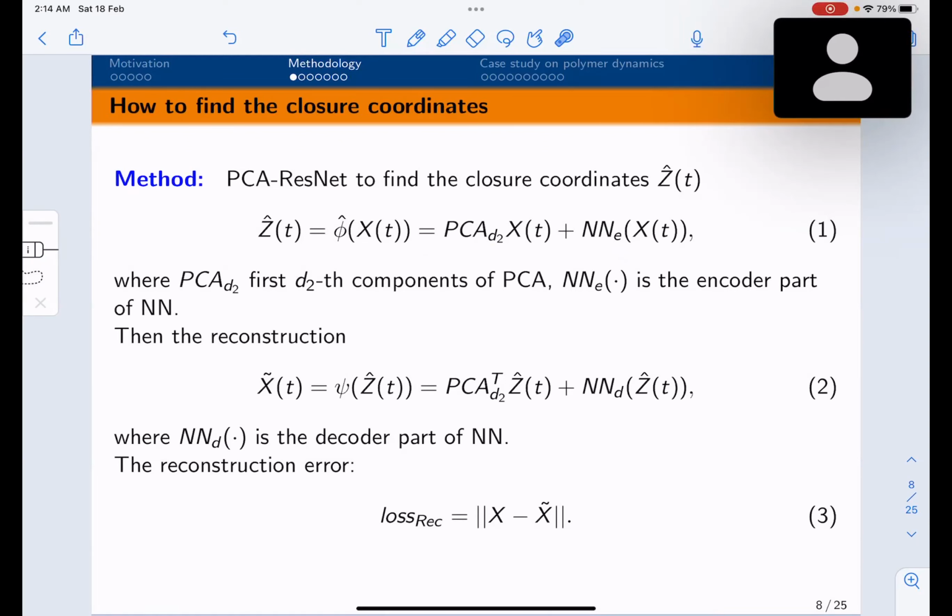So the Z hat dimension is D2. And then for the reconstruction, after we get the Z hat, we need to reconstruct to the high dimension. We set it as X tilde. We use a psi function, defined as the PCA transpose plus a decoder neural network. Then the reconstruction loss is the observation data X minus the X tilde here. So actually the PCA is a known part, right? We only need to train the encoder and the decoder part. Okay, is it clear here?